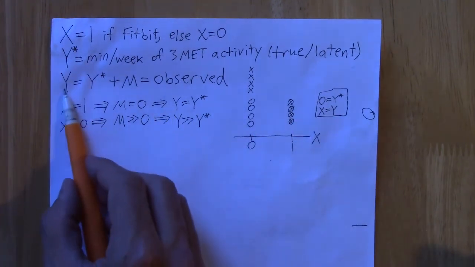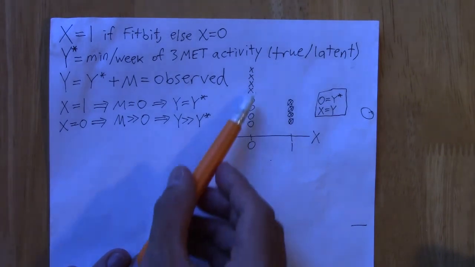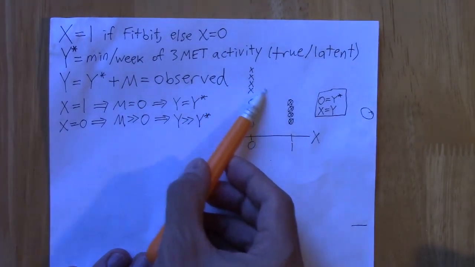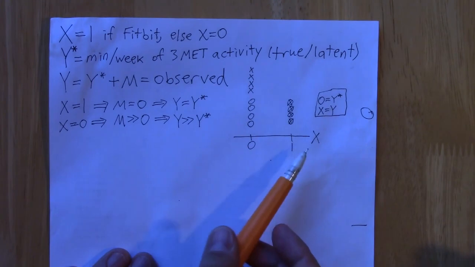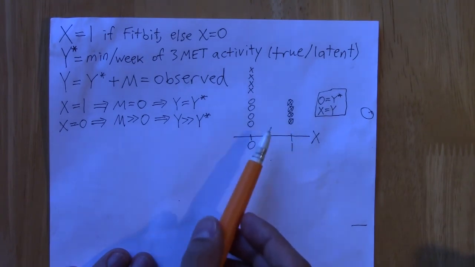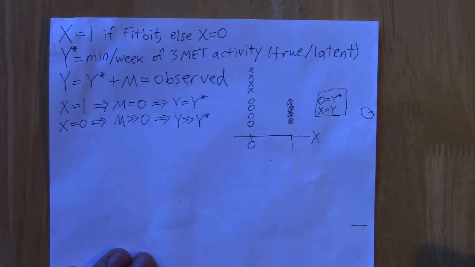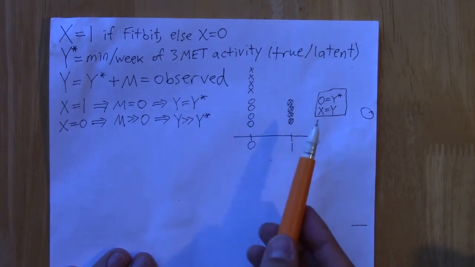But when we look at the observed y, which is the only thing we have in our data, and we run a regression with our data set, we get this big negative slope, which incorrectly implies that using a Fitbit is associated with a much lower level of physical activity, which in this example, just by construction, is not true.